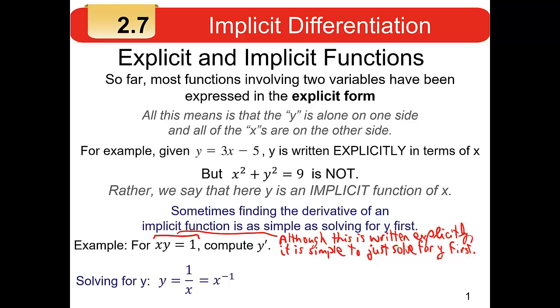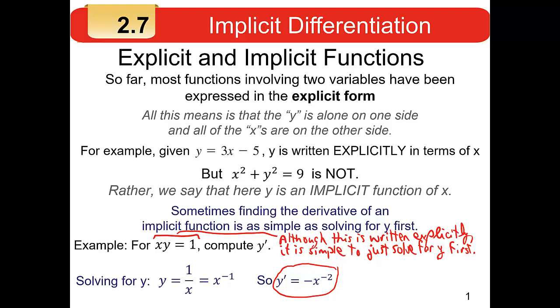So even though the original function was written implicitly, if it's really simple to solve for y, that's still probably the best strategy. In order to do that, we've done this before, you just use the power rule and you get minus 1 times 1, which is minus 1, or just minus x to the minus 2, because the power rule says you subtract 1 from the exponent.